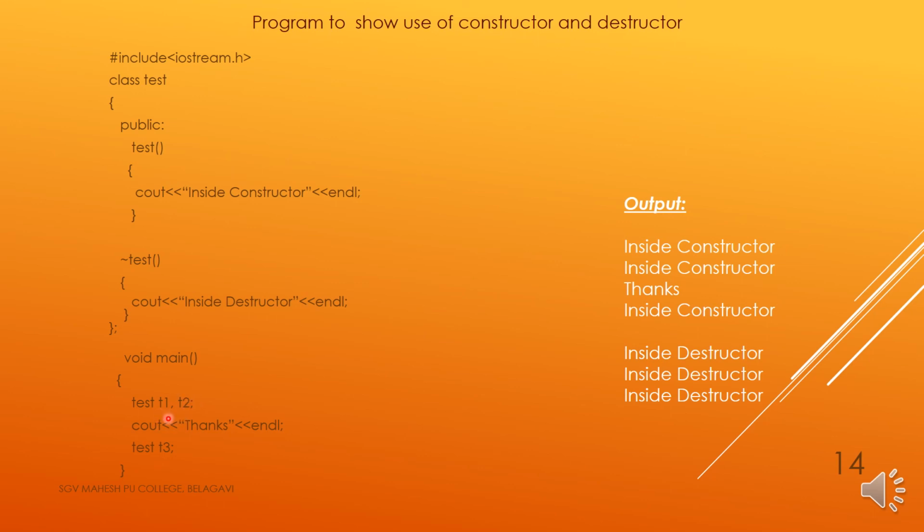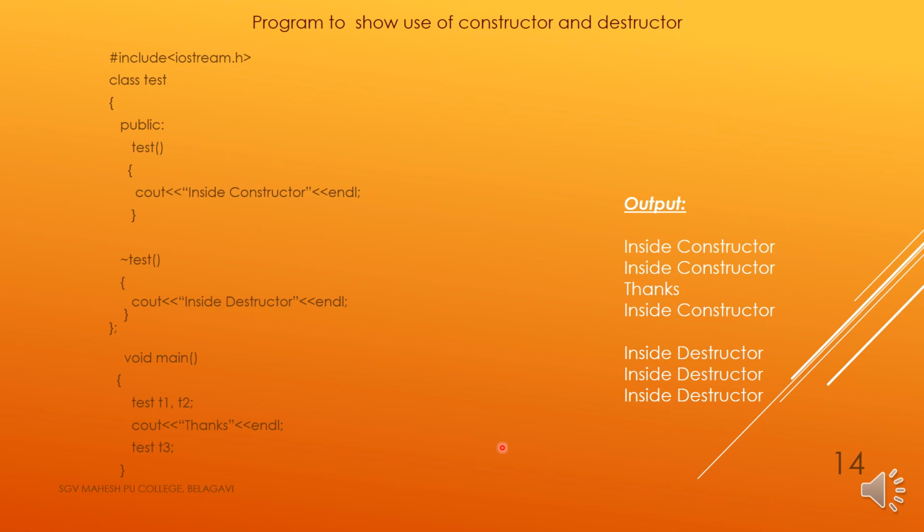So once you call t3 it goes inside, so you are inside a destructor. Then t2, which you created as an object, goes here, again inside destructor. Last t1 goes inside the destructor and says inside destructor.